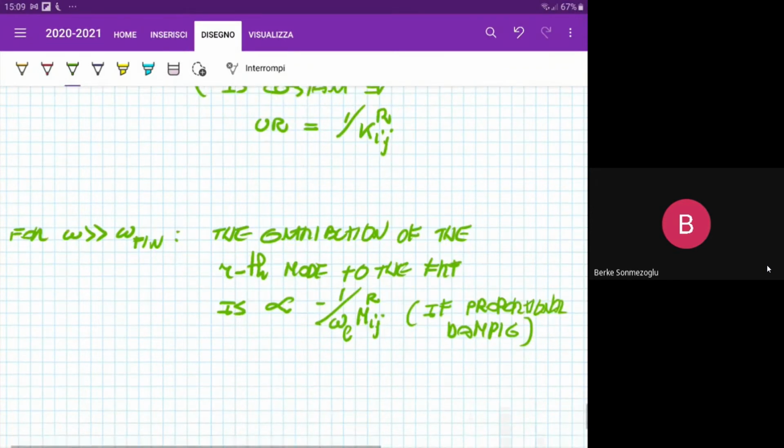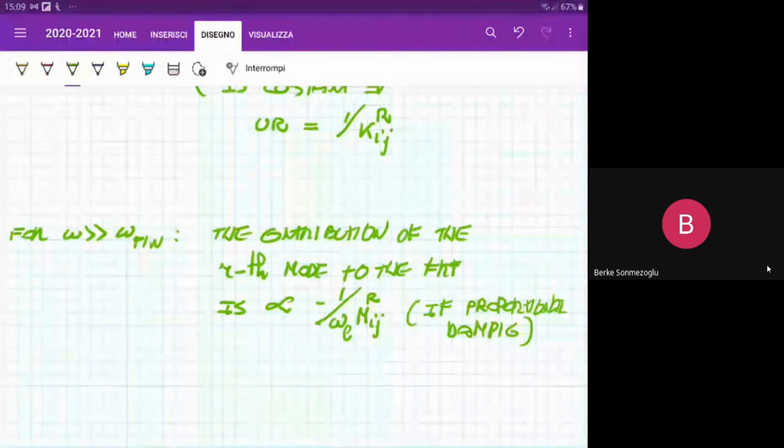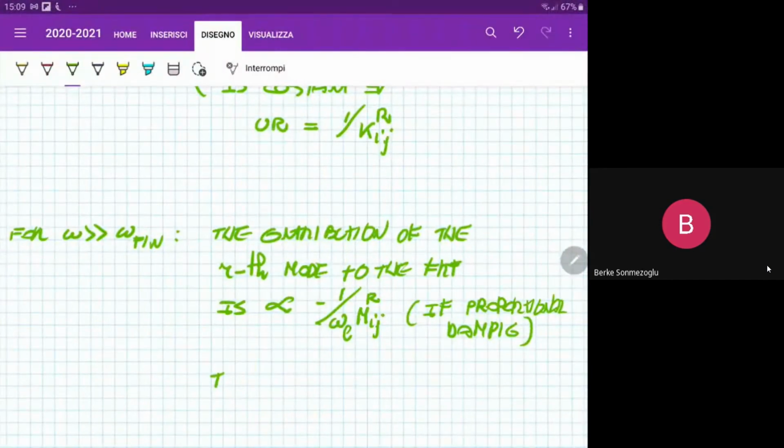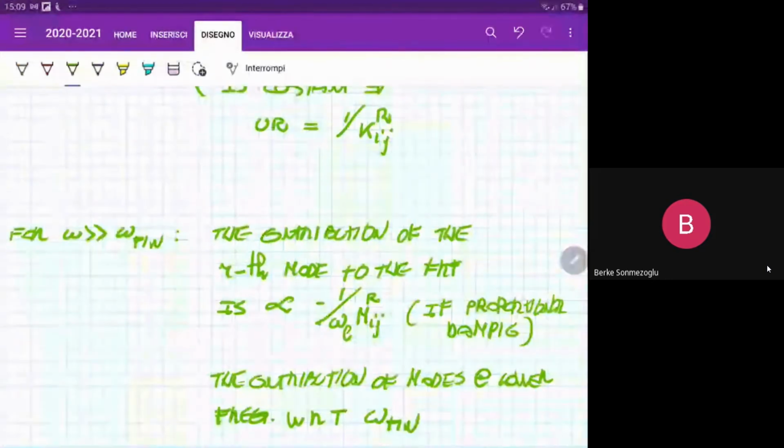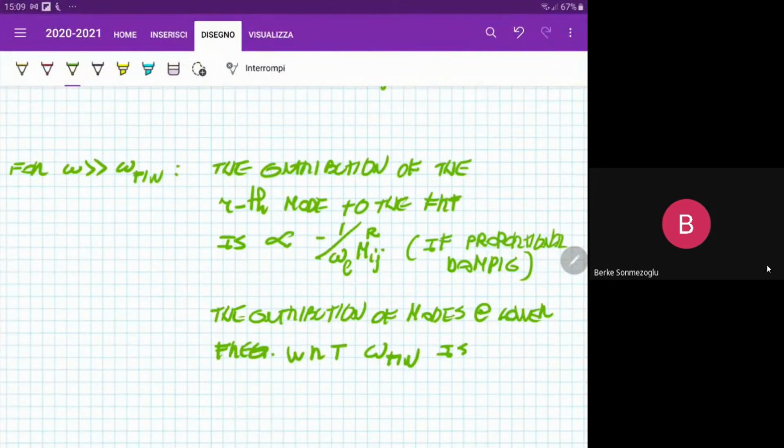Otherwise, it is something related to the mass line characterizing the dynamic mass of that part of the frequency construction. And so what we can say is that the contribution of modes that are acting at lower frequencies, with respect to your omega that is setting the frequency range of interest, is proportional to the mass line.